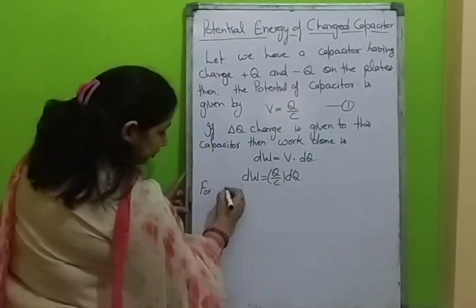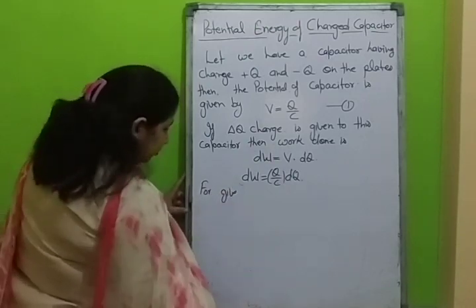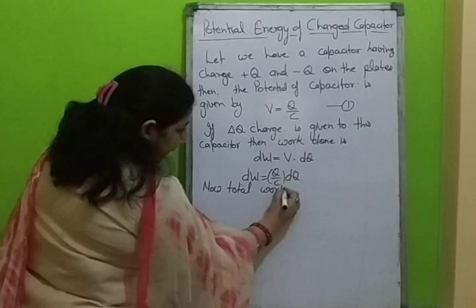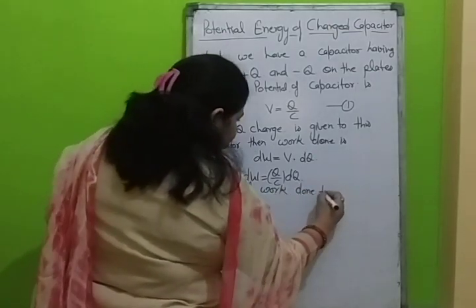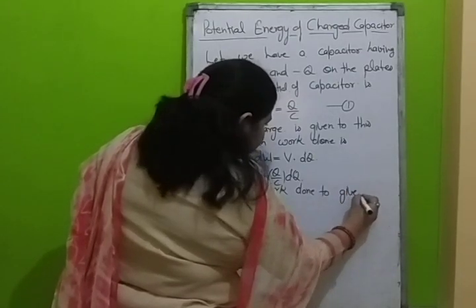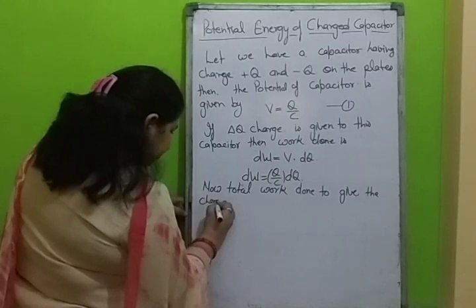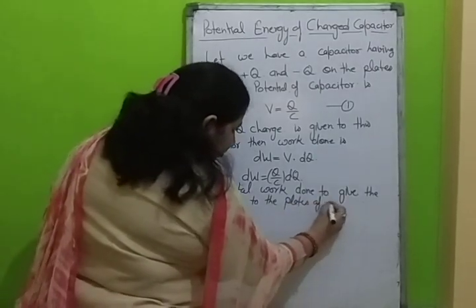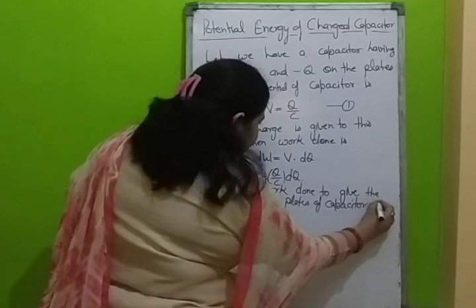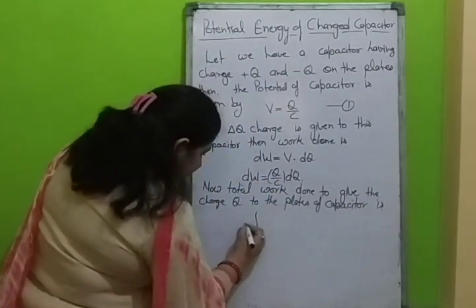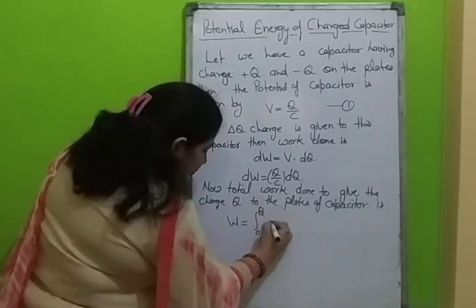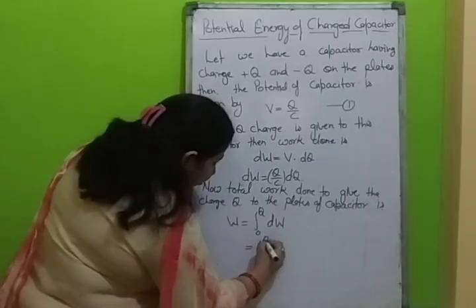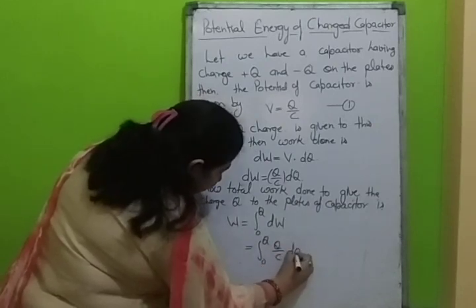Now the total work done to give the charge Q to the plates of the capacitor is, what we will do, W is equal to integral from 0 to Q of dW. We integrate, put the value of dW, from 0 to Q, Q upon C dQ.